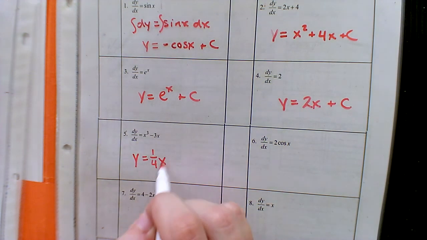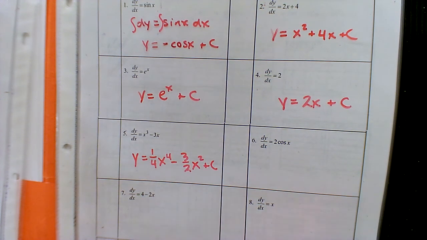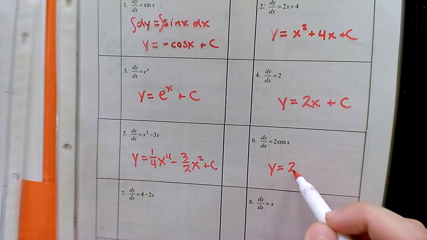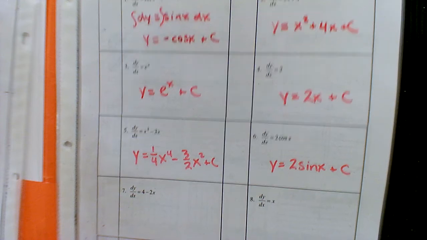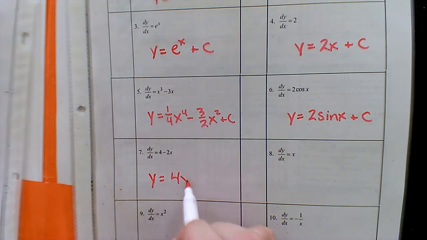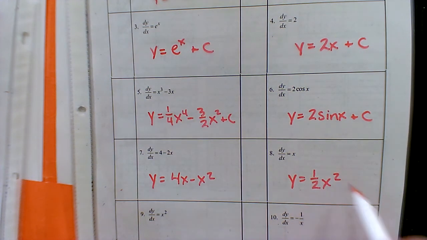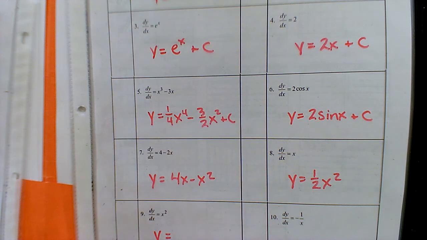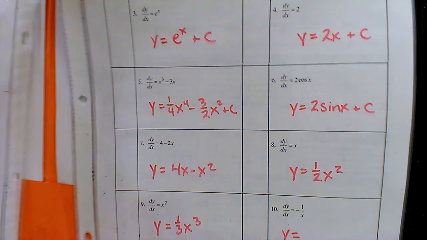Backwards from the next one, 1/4 x to the 4th, minus 3/2 x squared. Backwards from cosine would be sine. Let's see, backwards from the next one, 4x minus x squared. Next one would be 1/2 x squared. We got 1/3 x cubed. What about backwards from 1 over x?